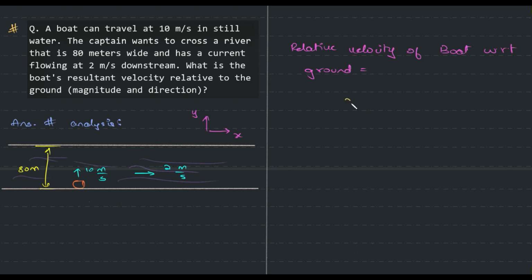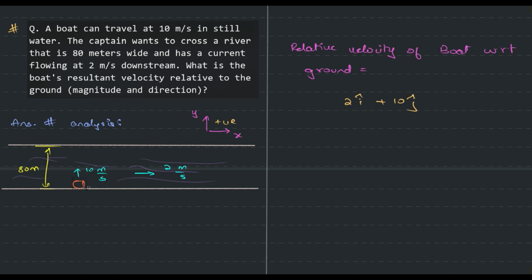Let me write it this way, 2 i cap plus 10 j cap, provided I take this as positive direction. That's it. So that's the velocity of this boat.